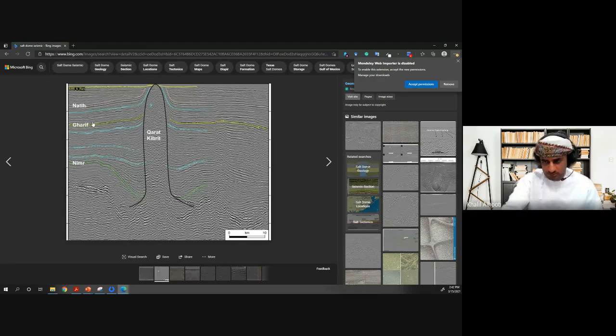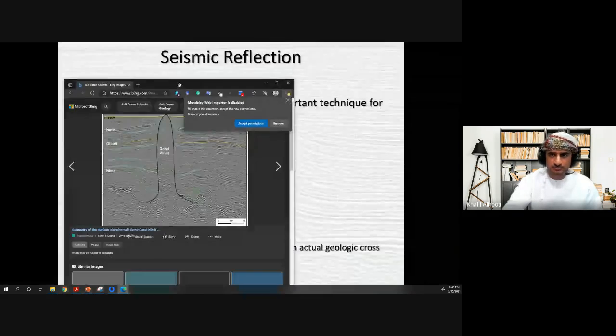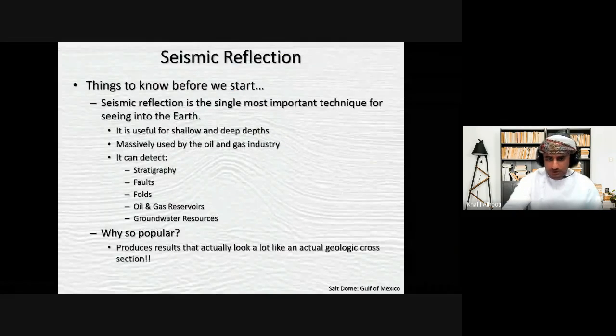Many reservoirs in Oman became reservoirs because of the salt domes. Salts made those structures, reservoir seals, and helped to create hydrocarbons. So this is what we call a salt dome, basically.